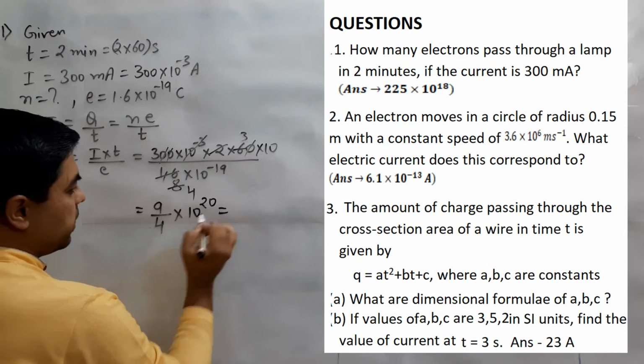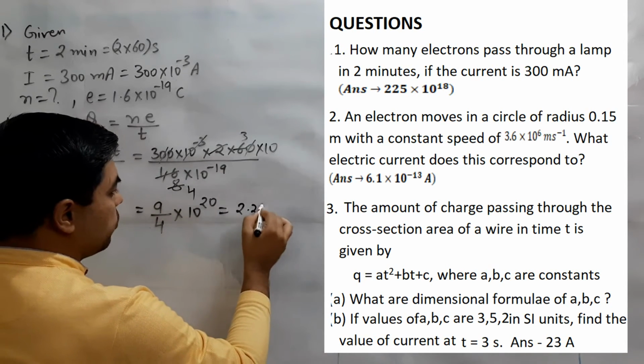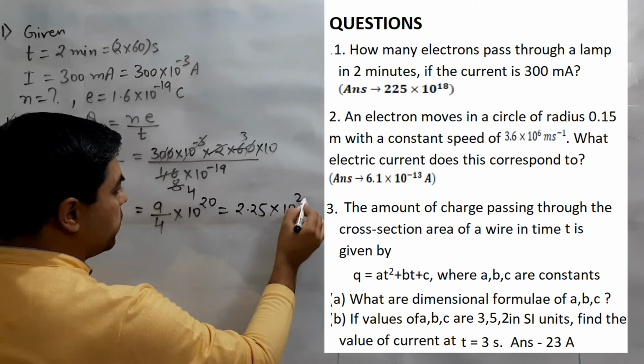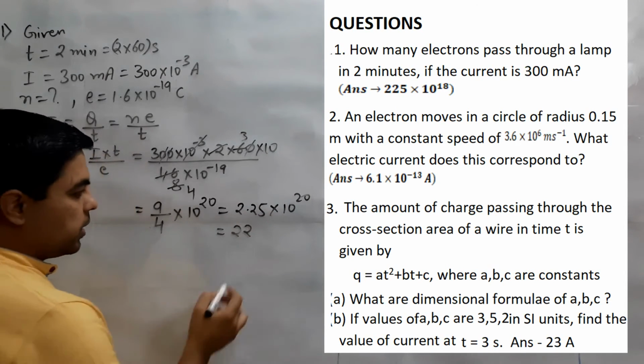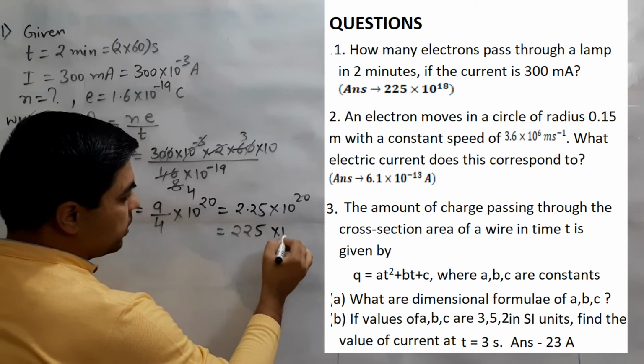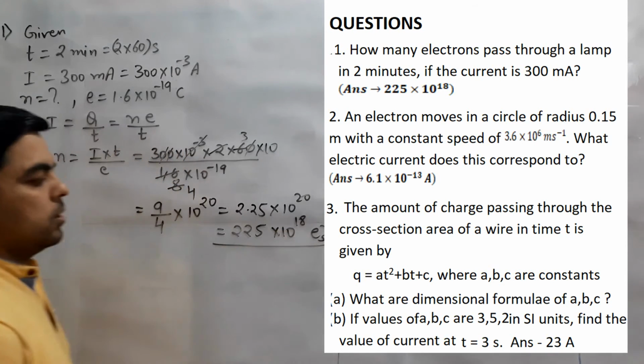Converting, 9 by 4 is 2.25 into 10 to the power 20, or since the number of electrons is not a decimal, 225 into 10 to the power 18 electrons will be the answer.